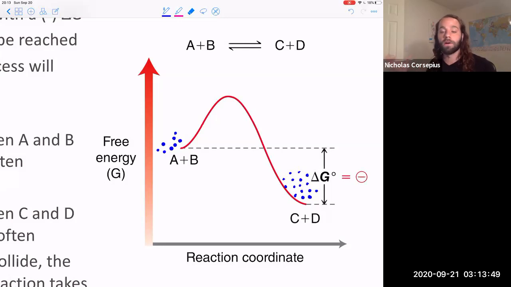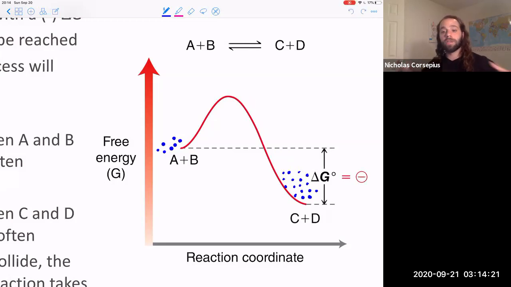and so I have more of C and D. Well, once those concentrations build up, C and D are also going to start colliding together, and there's the chance that they're going to move back over to this side, right? So every once in a while, I'm going to lose one of my products over to the reactants. And I'm going to lose more reactants to products, maybe every 2 goes over here for every 1 that jumps back.